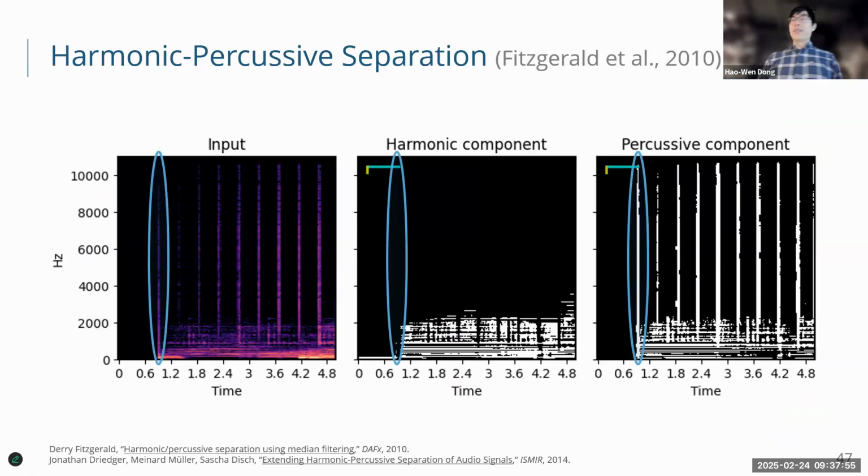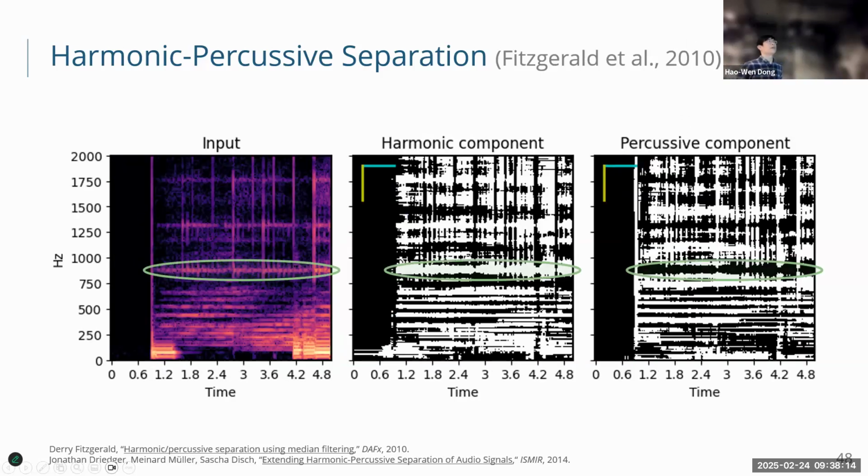If you look into these spectrograms, when you are doing harmonic and percussive component separation, these are the masks and these will be the input. The percussive part would be in the percussive component.